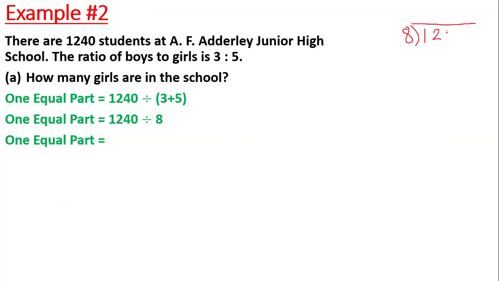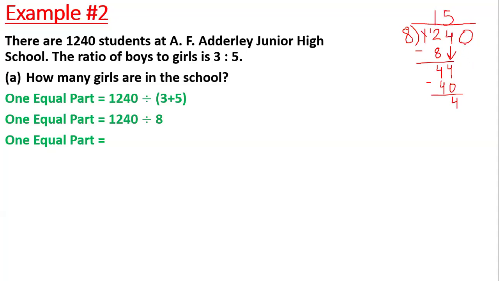So we have 8 into 1,240. How many times does 8 go into 12? Once. 12 minus 8 is 4. We bring down the 4. How many times does 8 go into 44? 5 times. 8 times 5 is 40. 44 minus 40 is 4.